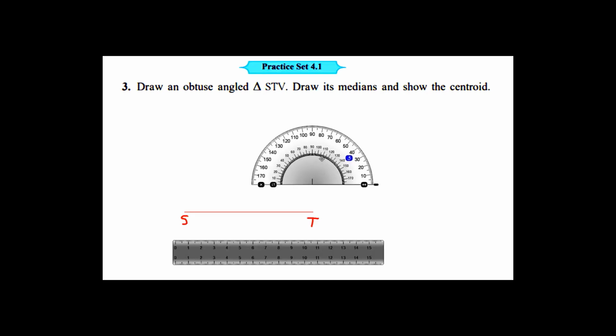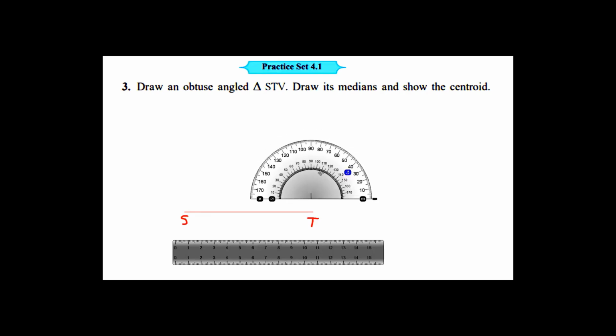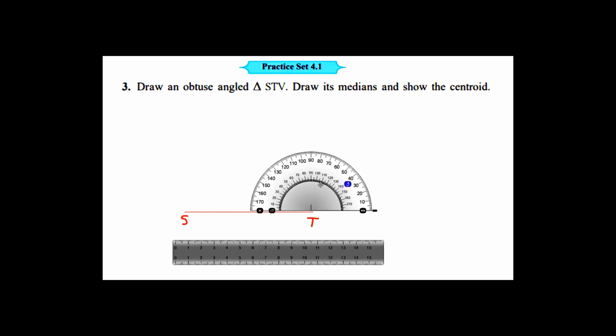With the help of protractor, draw the angle of measure 120 degree at T. Put protractor on the segment ST in such way that line of reference is along the segment ST and center of the protractor on point T as shown here. Measure the angle 120.